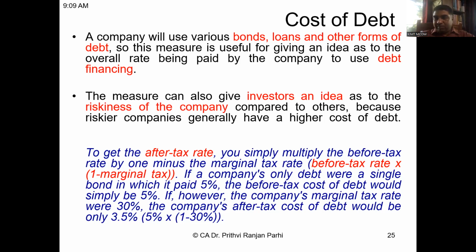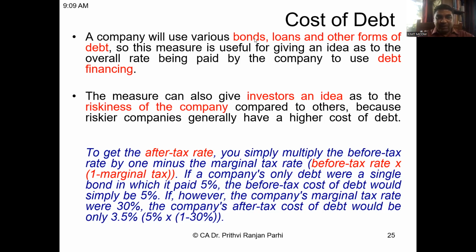If you know the before tax cost of debt, you can easily compute the post-tax cost of debt if you know the tax rate, because post-tax cost of debt is equal to pre-tax cost of debt into 1 minus tax rate.